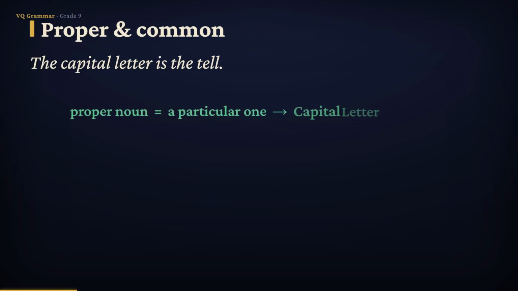A proper noun names one particular person, place, thing, or idea, and it always begins with a capital letter. Think of it this way. Your aunt is just a common noun, but Aunt Mara, that specific woman, is a proper noun. A city is common. Havana is proper.